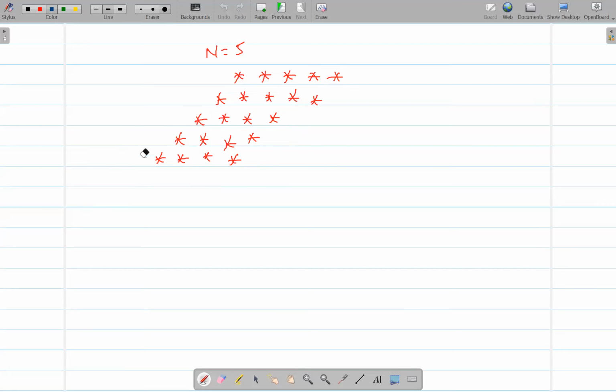Let me draw it again from here. Or we will use some columns to distinguish, so it will be easy for us. 2, 3, 4, 5. So we need to use a more understanding.